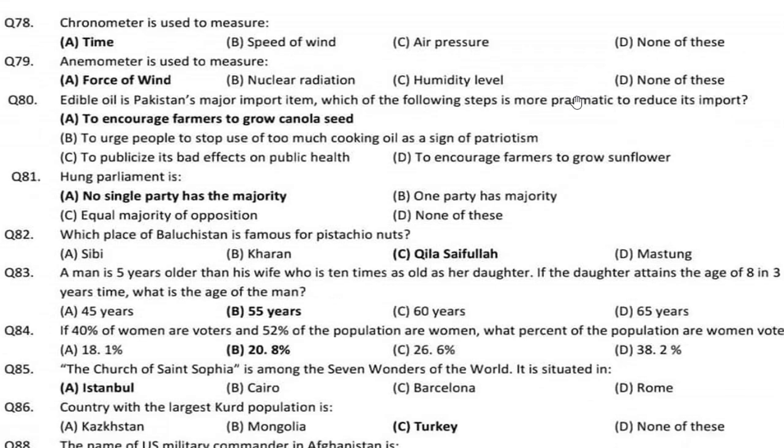Chronometer is used to measure option A, time. Anemometer is used to measure option A, force of wind.